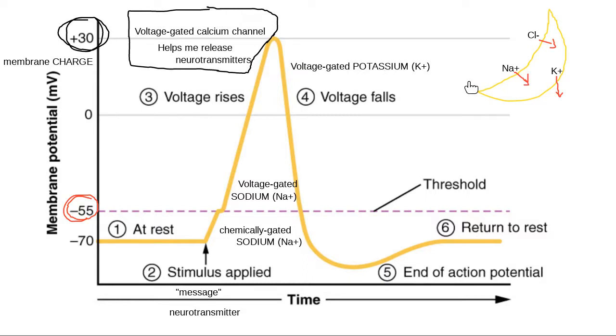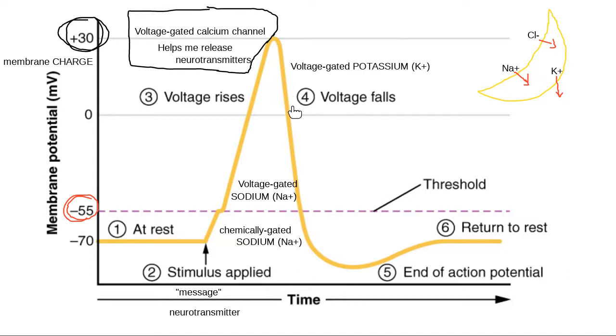Yeah, check out my little cell over here, my salty banana cell. Potassium is going to go out because there's a lot of it inside, not as much outside. But hey, check this out. Potassium has a positive charge. When these positive charges leave the cell, it actually makes the cell more negative.